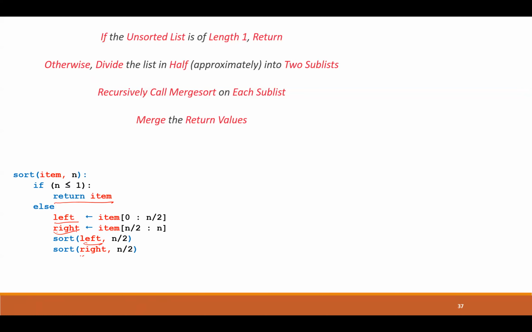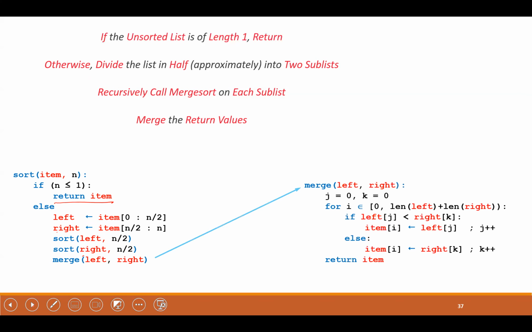We sort those individual lists, and then we call merge on those 2 lists. This merge we looked at earlier. The amount of work done here is the length of left plus the length of right.